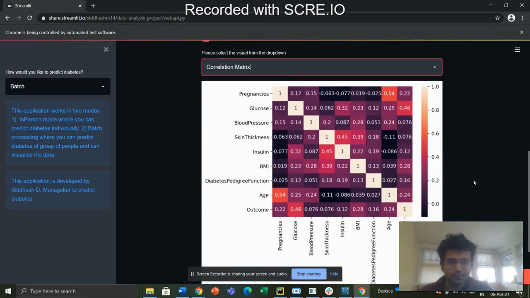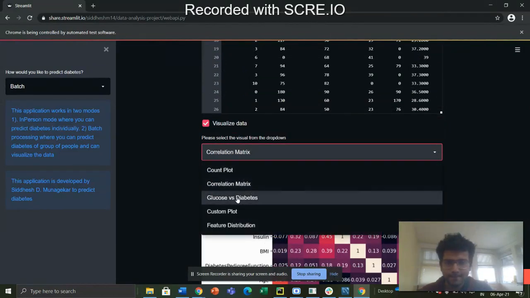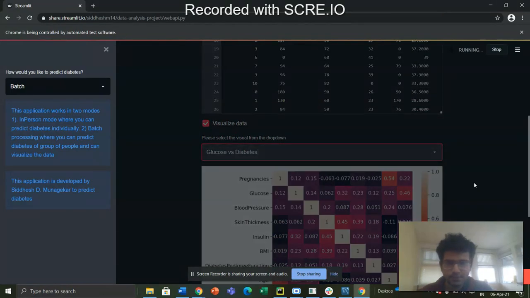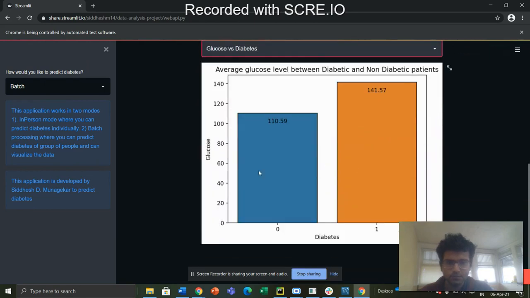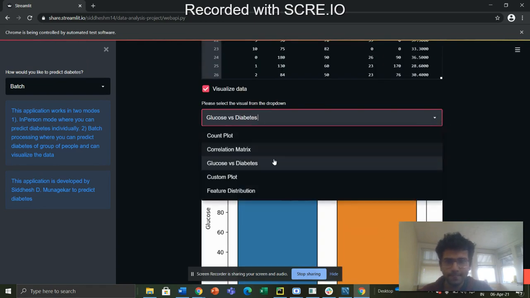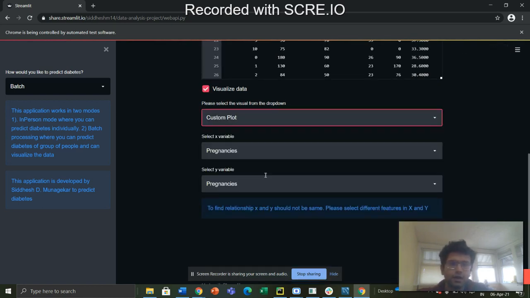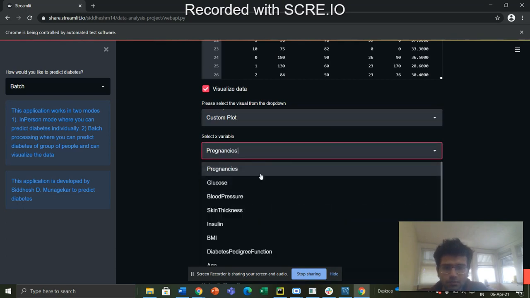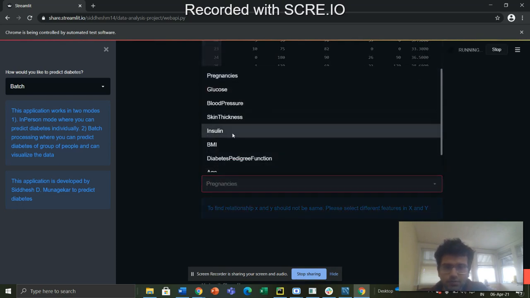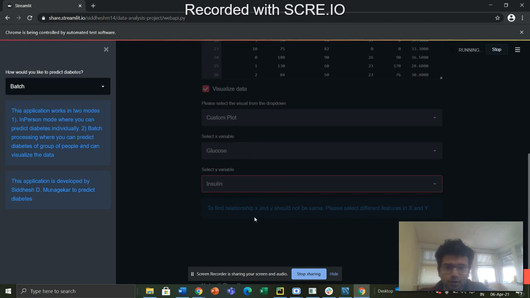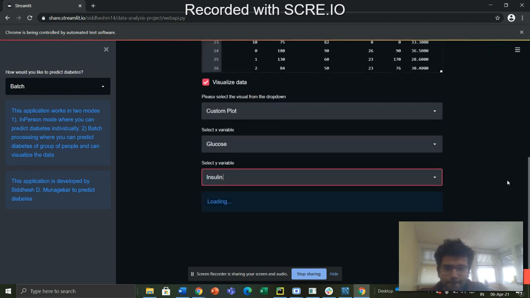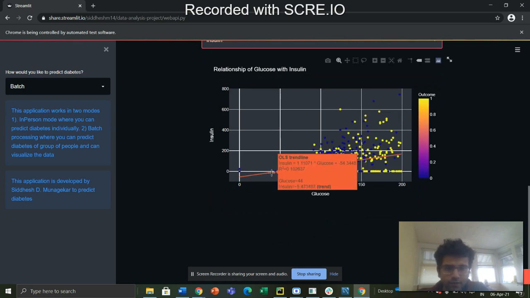This is a correlation matrix, and this one is glucose versus diabetes. On average, the people who have diabetes have a high average glucose level. Then the custom plot: if a person wants to understand the pattern, for glucose versus insulin effect, it will plot a scatter plot with an OLS line of insulin.